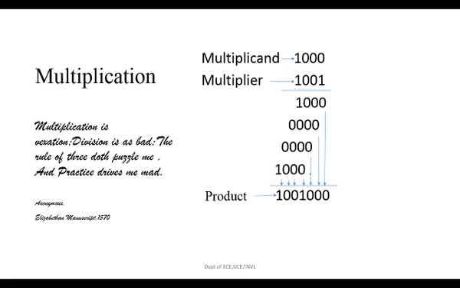Shifting and placing the intermediate result, altogether we add: 0 plus 0 is 0, 0 plus 0 plus 0 is 0, 1 plus 0 plus 0 plus 0 is 1, 0 plus 0 plus 0 is 0, 0 plus 0 is 0, and 1.